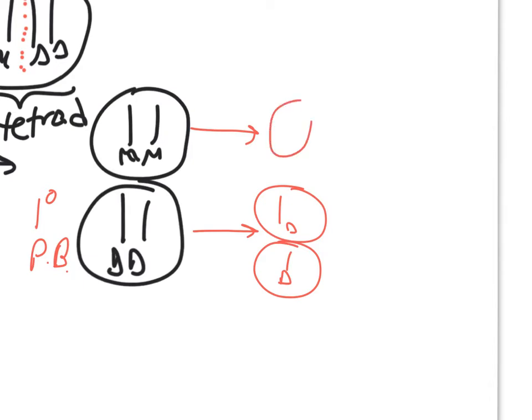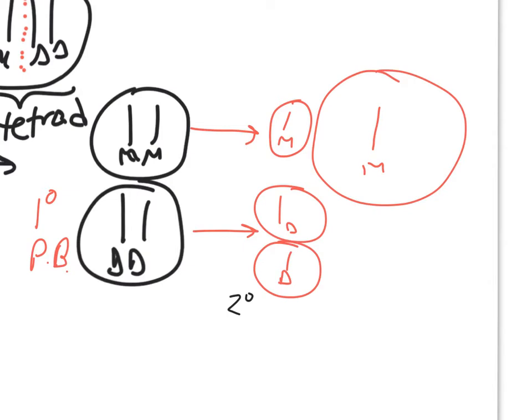The other cell divides asymmetrically. So these three small cells are the secondary polar bodies. There's three of them. We know what they are because they're tiny compared to the oocyte.